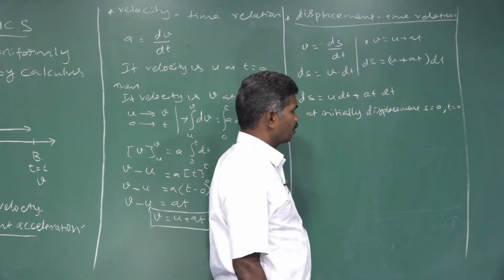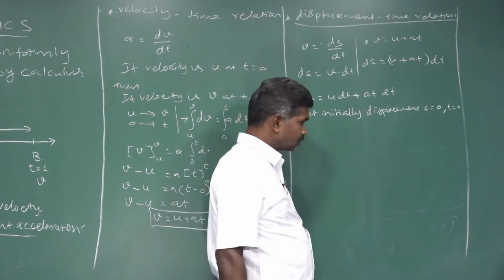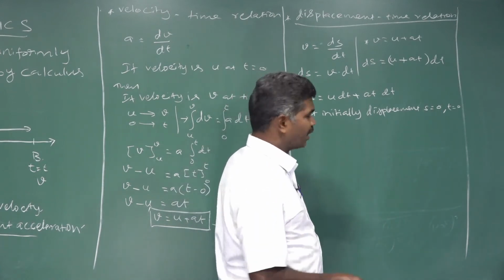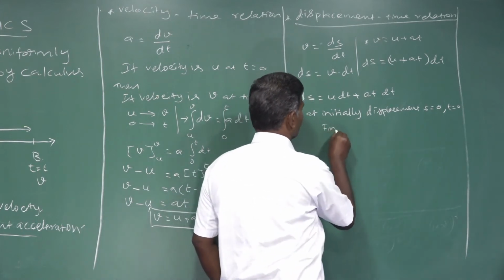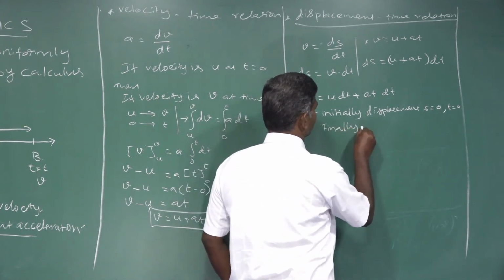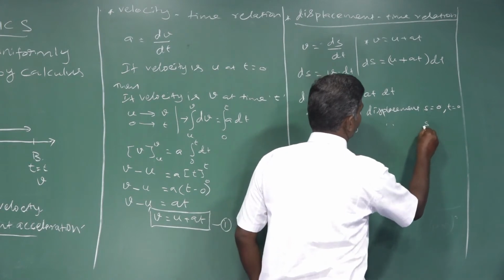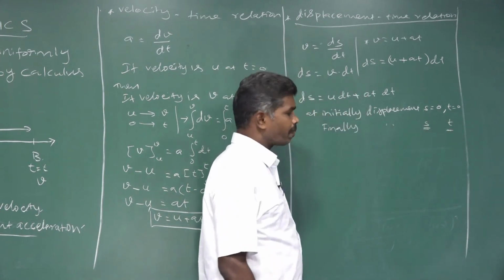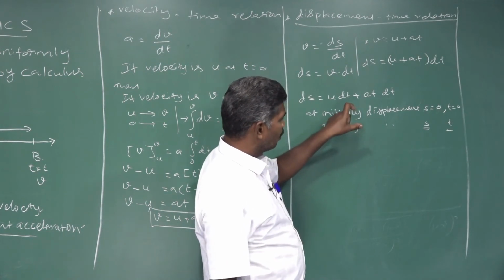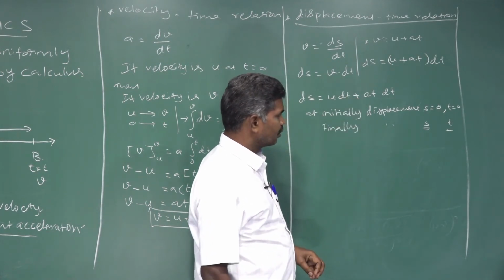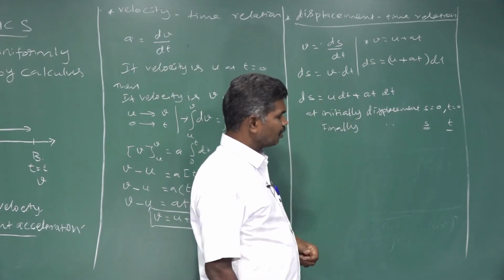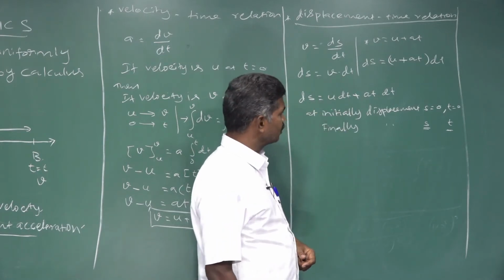If the particle is moved a certain distance to our final position, finally the displacement value can be taken as s at time t. So the limitation for the displacement is 0 to s, and the time limitation is 0 to t.